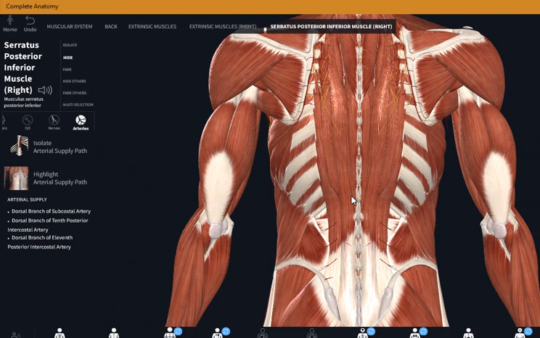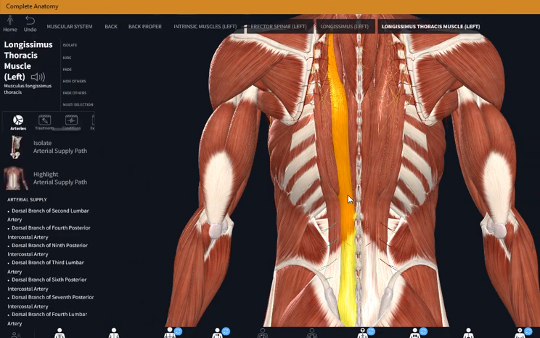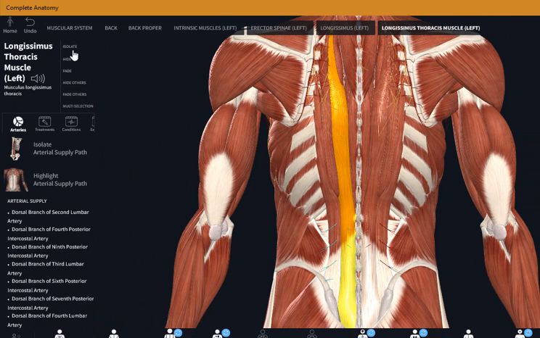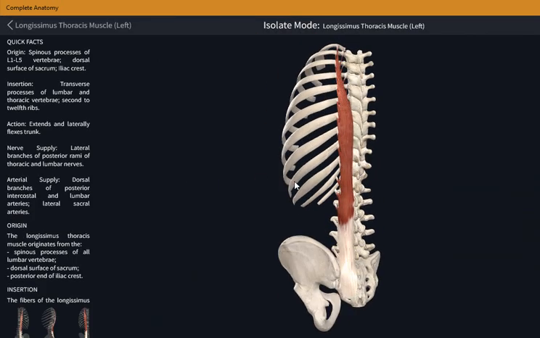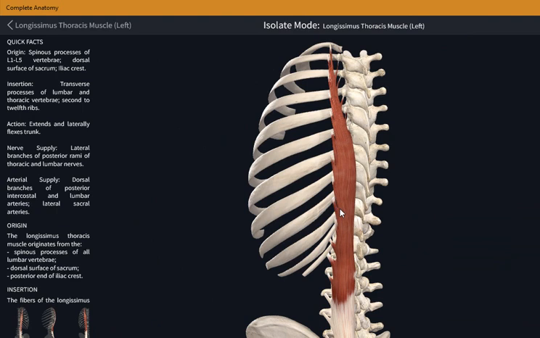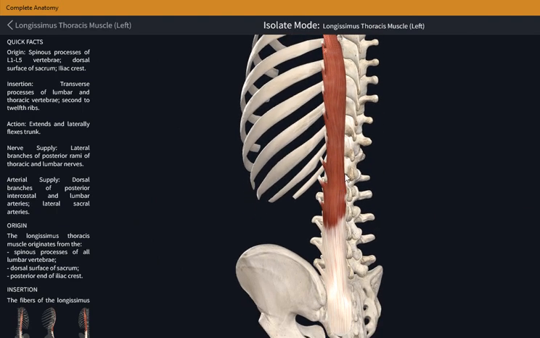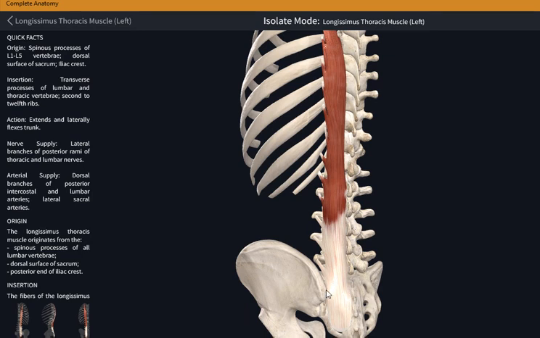The next muscle on the back will be this muscle here, and this muscle here is longissimus thoracis. If we isolate it, we are going to have its origin and insertion. So visualize very well. The origin of the longissimus thoracis is the spinous process of L1 to L5, so from L1 here to L5 at this position, and the dorsal surface of the sacrum with the iliac crest.